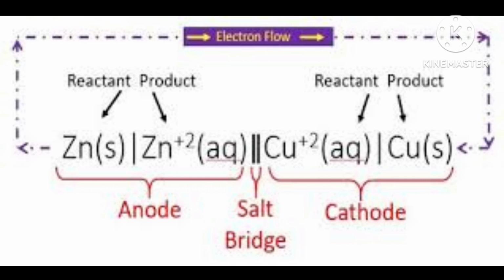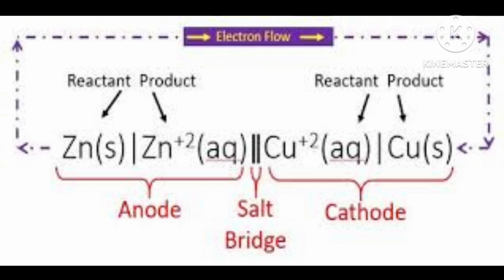Now the total value you are knowing. Suppose the potentiometer is showing minus 0.76 volt. Then minus 0.76 is equal to ER minus EL. The potentiometer will tell the combined difference of both potentials.